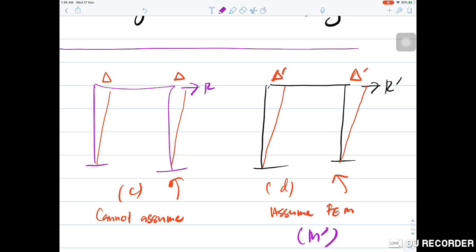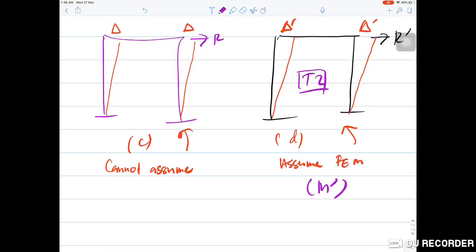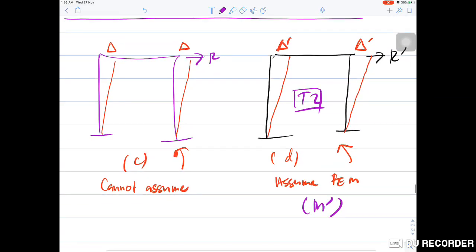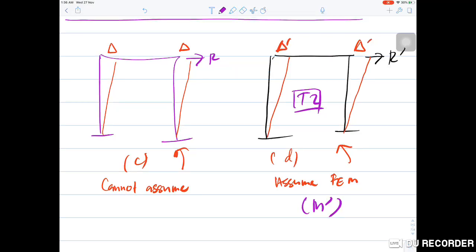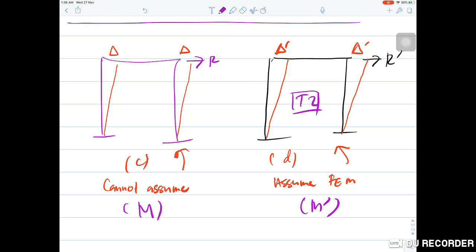So M prime we get from table 2. So this is actually table 2. By looking at diagram C, due to R there is delta at B and C, the same amount, delta, and delta produces moment, the end moment. So the end moment in diagram C is M.